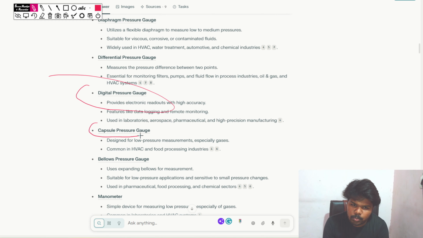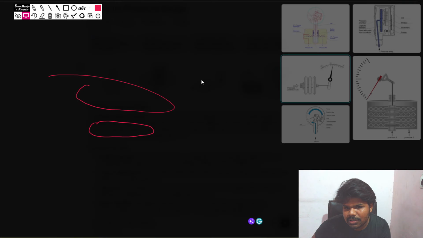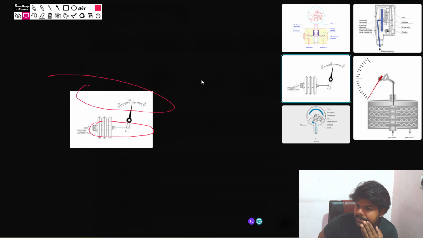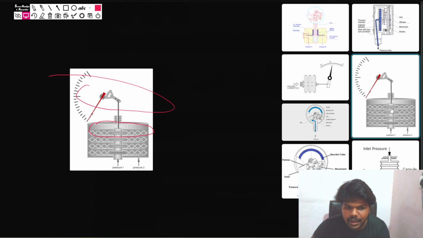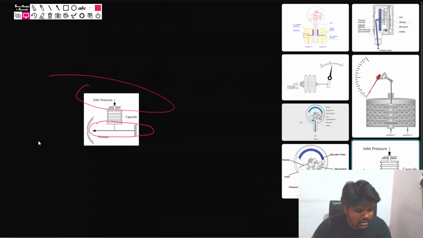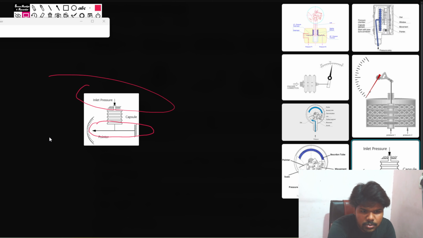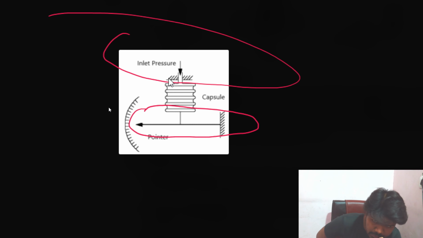Okay, capsule pressure gauge. This one I can go for. So the capsule type is kind of like this. It has a capsule-like system, like a mechanism is connected. I have to zoom out, right? I hope you can see this inlet of the pressure gauge.